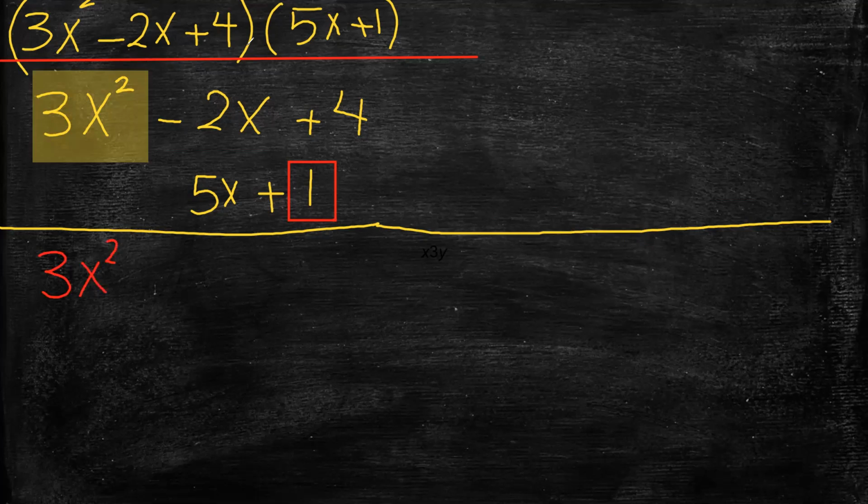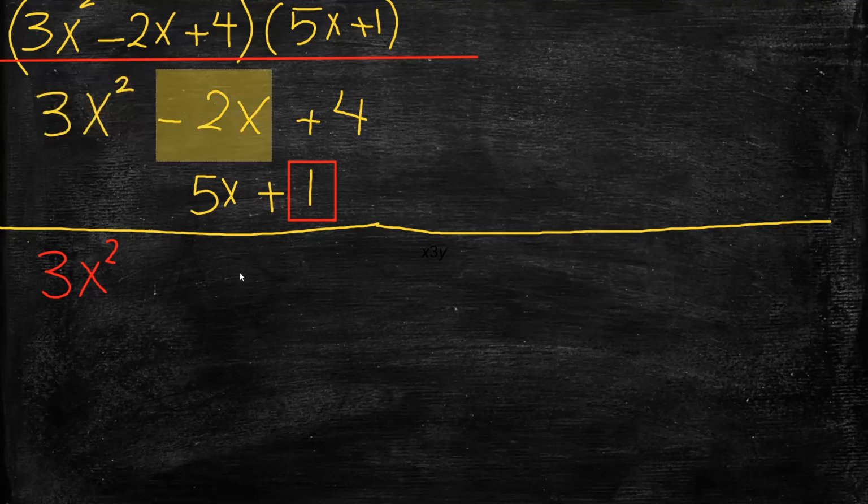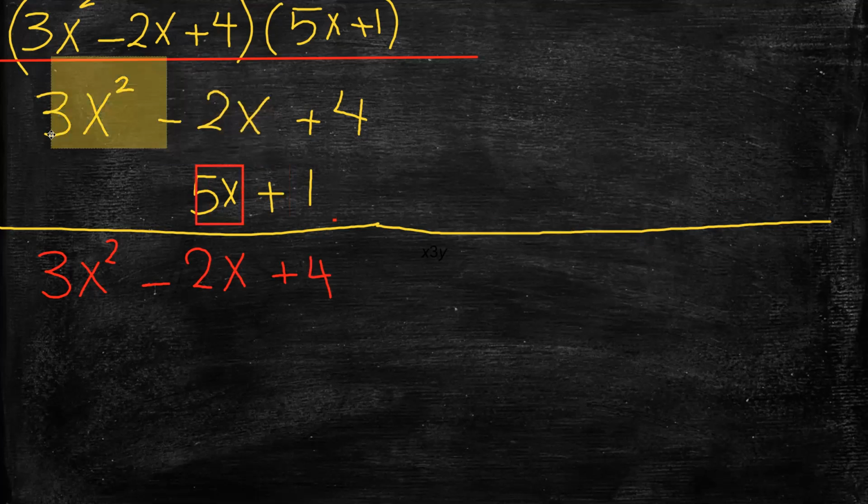Then, after I finished multiplying 1 with 3x squared, I have to multiply it now with negative 2x, where 1 times negative 2x is negative 2x. Then 1 times 4, which is plus 4. The second step now, we have to multiply the 5x with them. 5x times 3x squared. We have to multiply them.